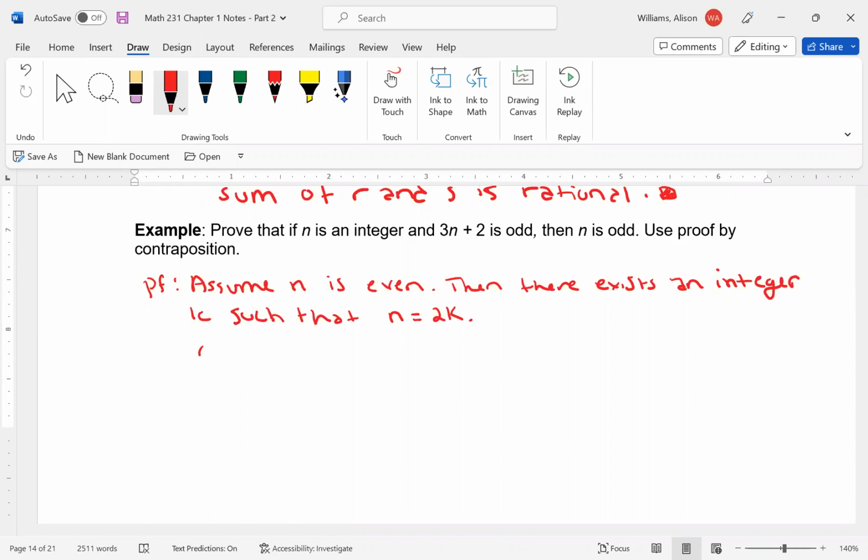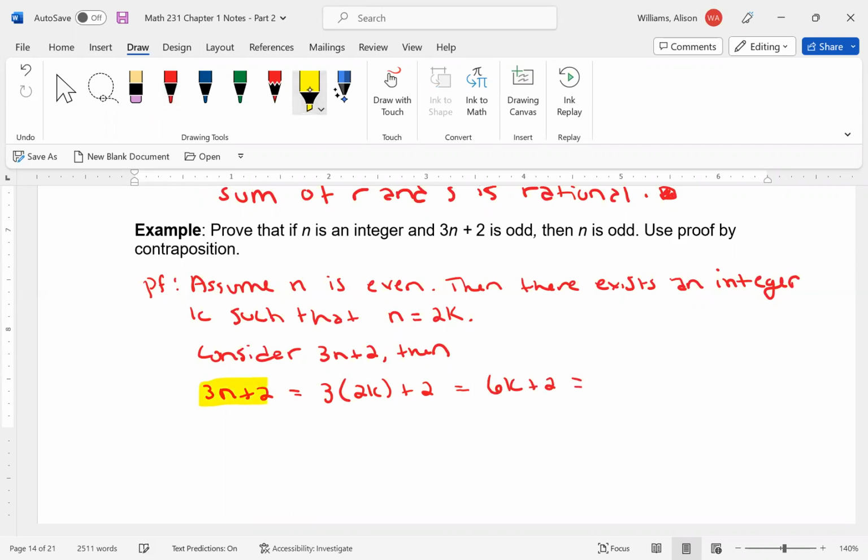So let's consider 3n plus 2. Then, if I plug in 2k for the n, that's going to end up giving me 6k plus 2. And what I want to do is show that this comes out even. The reason I want to show it comes out even is because I'm doing the negation. So just like I assumed n is even, I want the result to come out even.